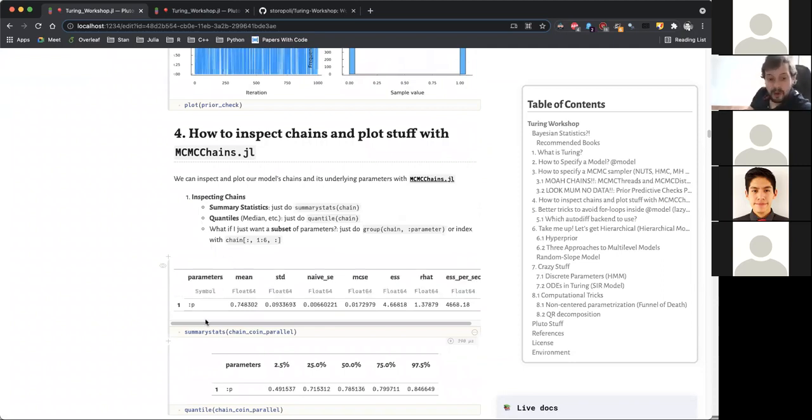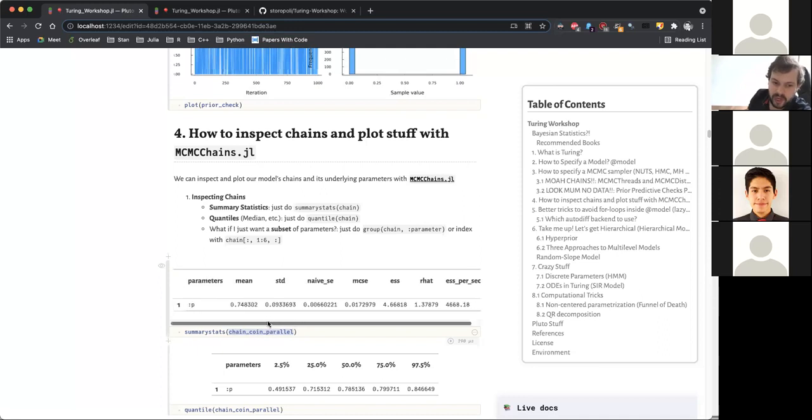And the nice thing about summarystats, I think it's a method from DataFrames, I might be wrong, is that the guys in Turing overloaded it with a method for our chains object. So if you run summarystats on a chains object, that's everything that's returned for a sample in a Turing model, you have this nice summary statistics.